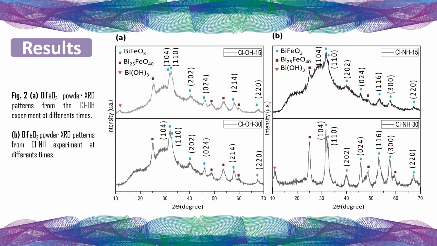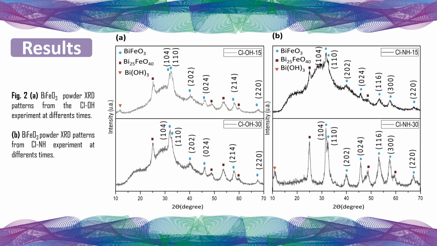Figure 2b corresponds to the chloride and ammonia experiment at 50 and 30 minutes respectively. The peaks show similarity, although the intensity is different between them. The peaks corresponding to impurities differ from the perovskite structure of the ferrite.